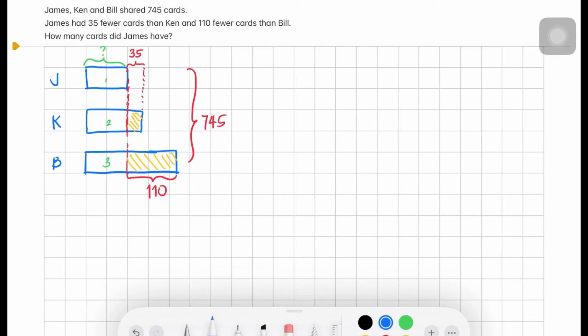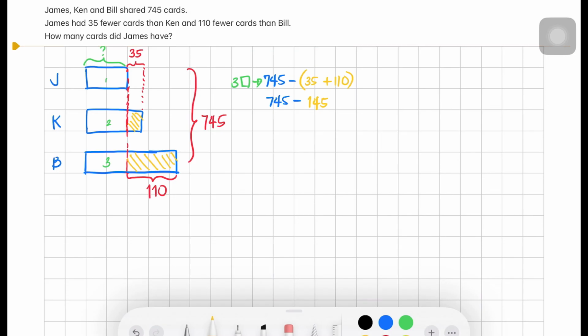So let's try that out. 745 minus, we have 35 plus 110. Okay, and that would give us the 3 units. Alright, so let's have 745 minus 145.